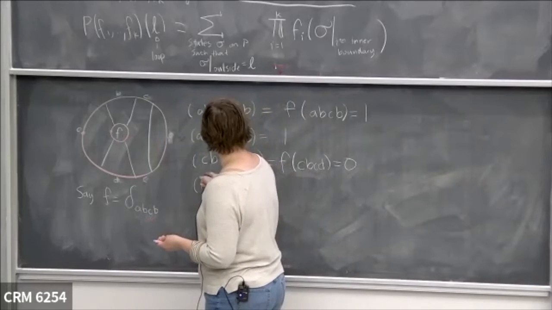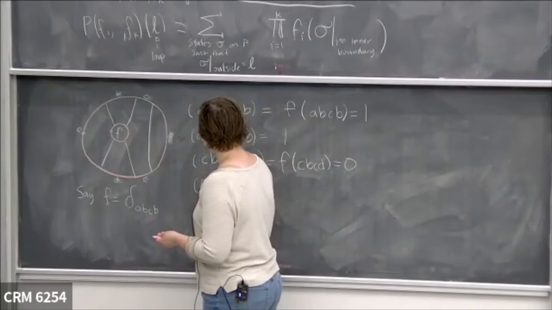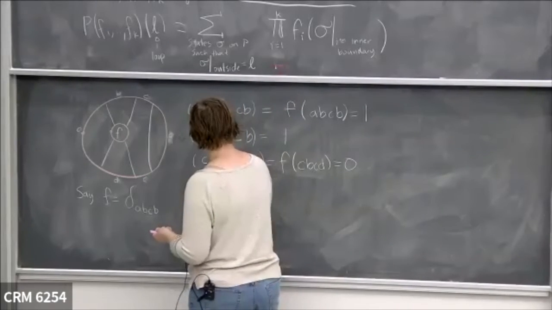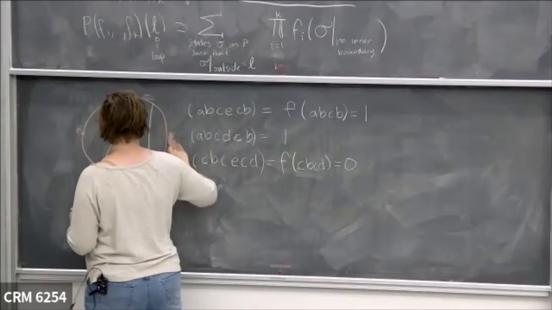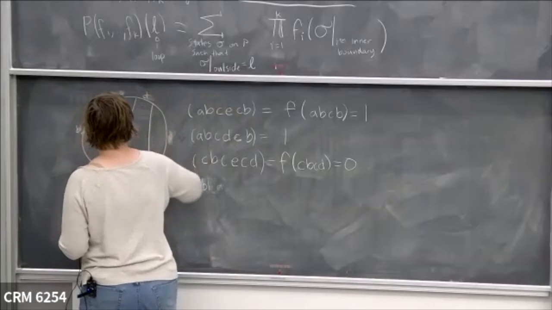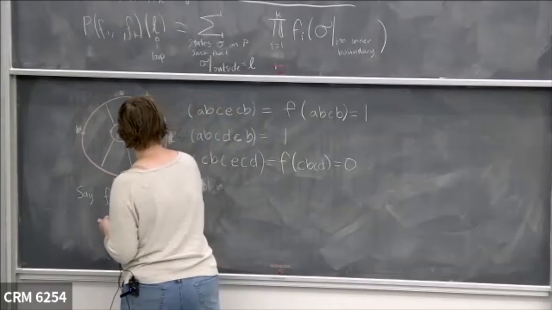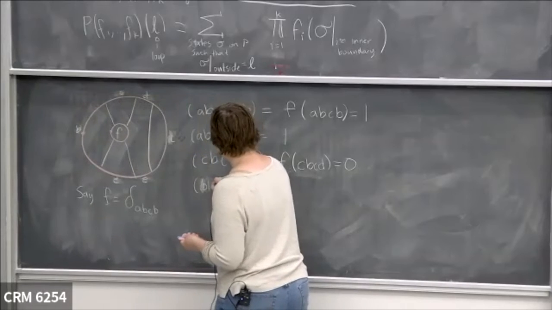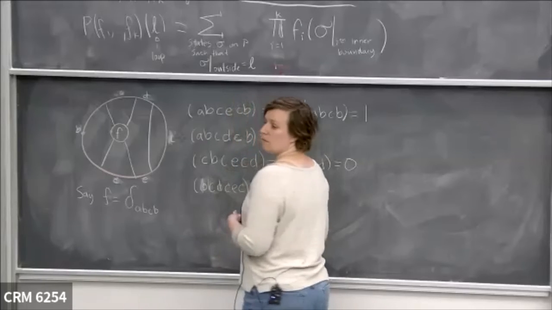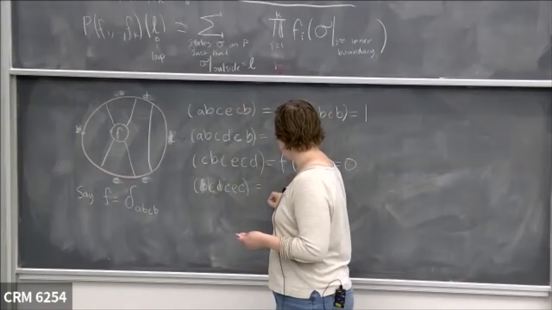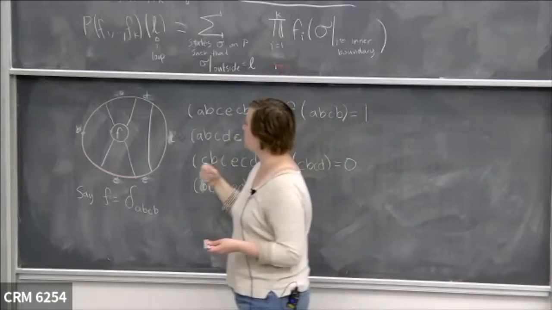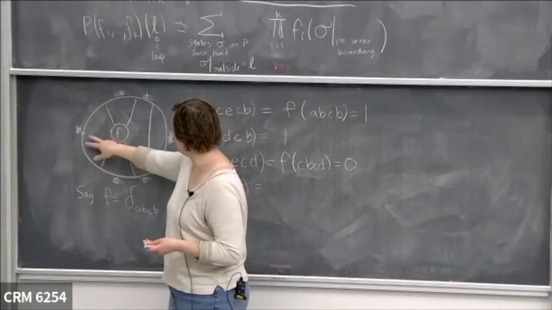How about B, I'm going to write it down around the outside, B, C, D, C, E, C. Well, now we're taking an empty sum because there's no state which is compatible with this data on the outside.